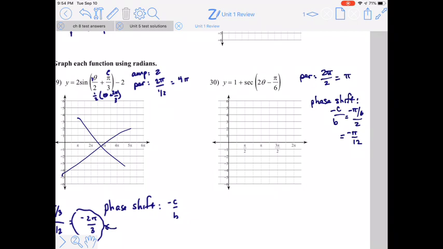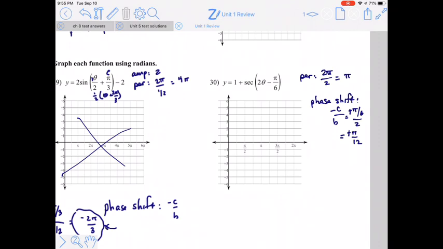So that means it's moving to the left. Well, actually, this should be positive, because the opposite of c would be positive pi over 6, so this is positive pi 12ths. So it's moving to the right pi 12ths of a unit. And then there's also a vertical transformation here, so it's going to shift up 1 unit.